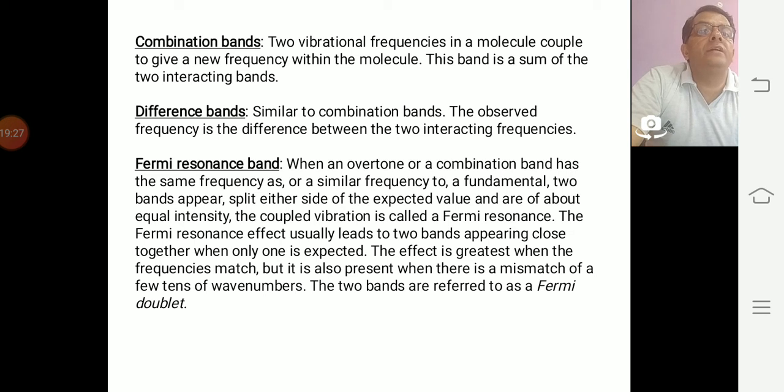The coupled vibration is called a Fermi resonance, and the effect usually leads to two bands appearing close together when only one is expected. The effect is greatest when the frequencies match, but it is also present when there is a mismatch of a few tens of wave numbers. The two bands are referred to as a Fermi doublet.